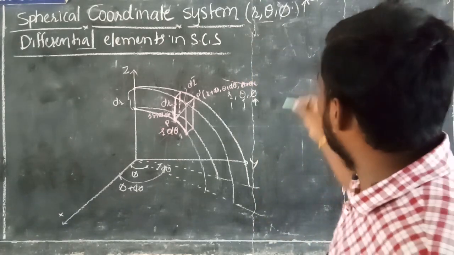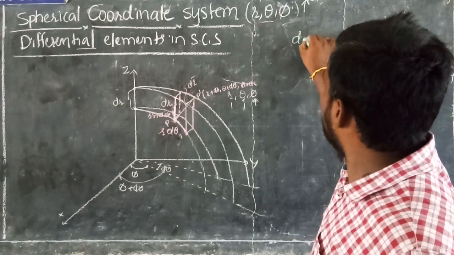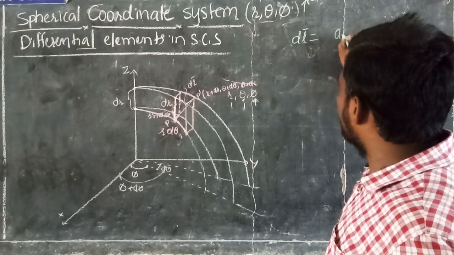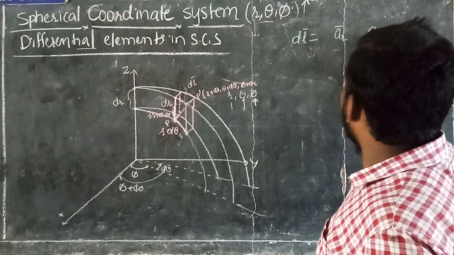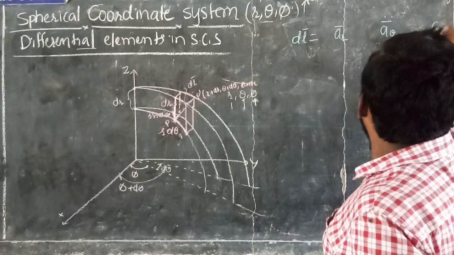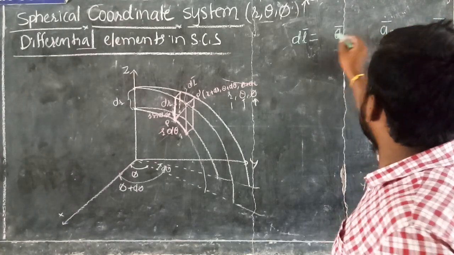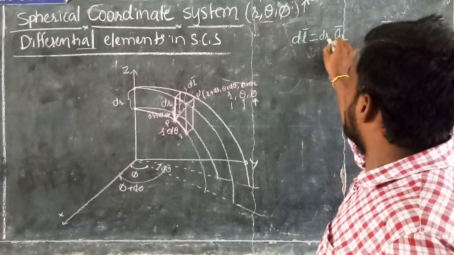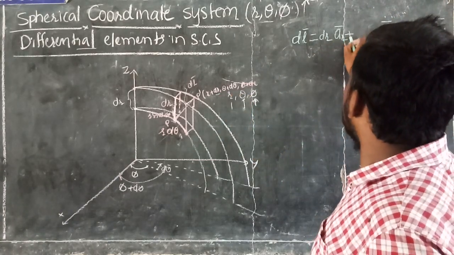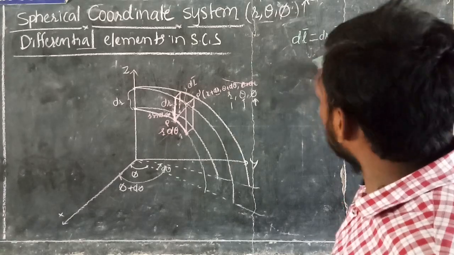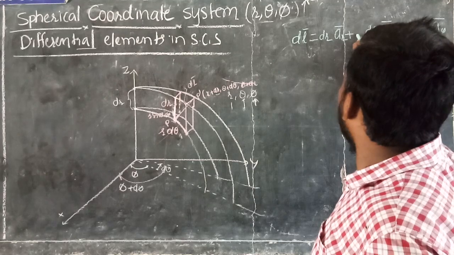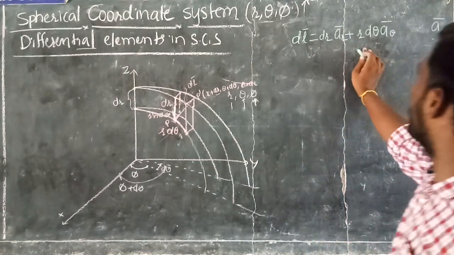So dl bar is equal to, what is the magnitude? First I am representing the unit vectors a_r bar, a_theta bar, and a_phi bar. The magnitude here is dr into a_r bar, plus next, is it d theta only? No, it should be r d theta.